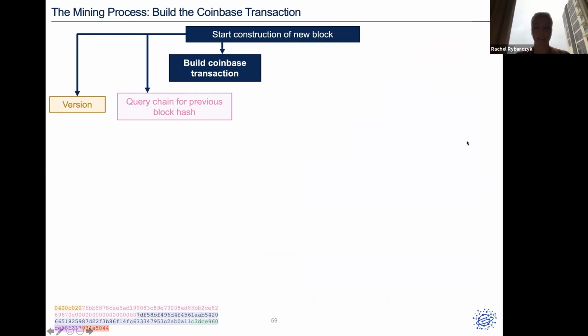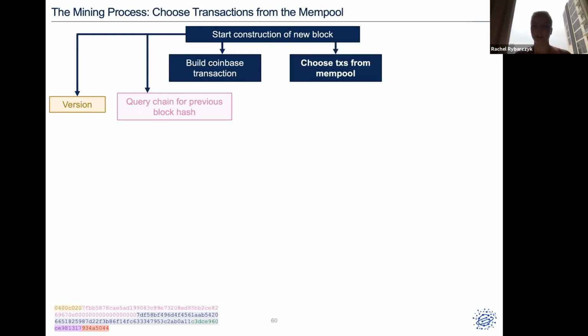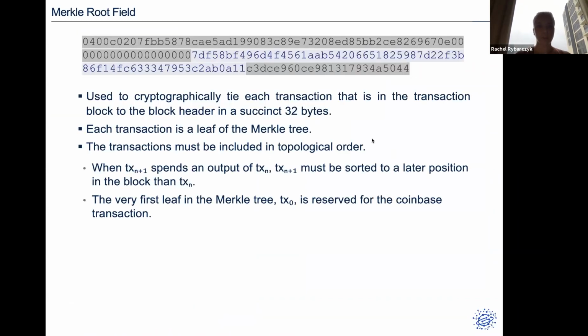So after we get that, we're going to build our Coinbase transaction and choose transactions from the mempool. So these will be all the transactions that we're going to include in this block. From there, we can calculate the Merkle root. The Merkle tree data structure is really commonly used in multiple fields across computer science.